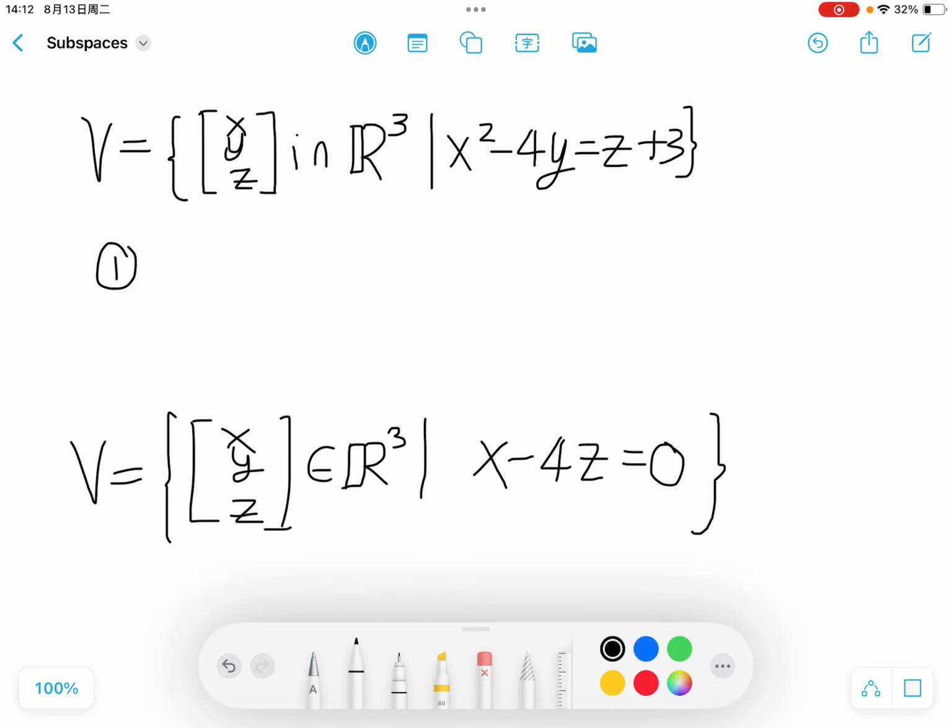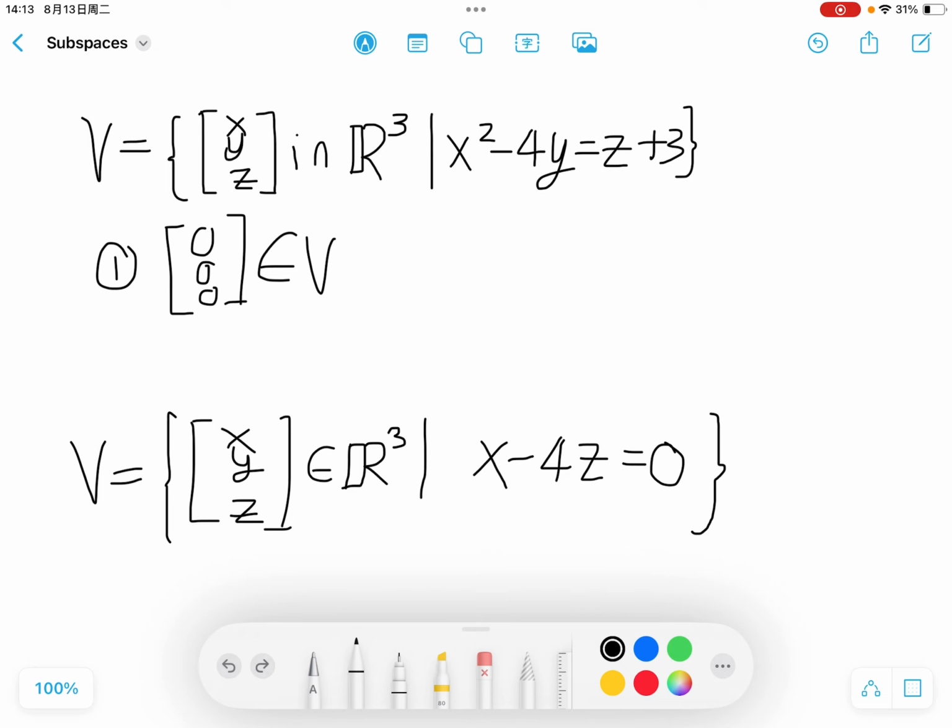So let's check with condition number 1. So we have 0, 0, 0, because all of the vectors in subset V must be in R3. Being in R3 means being in the 3D coordinate system with real coordinates. So if 0, 0, 0 is in subset V, then 0, 0, 0 has to meet this equation.